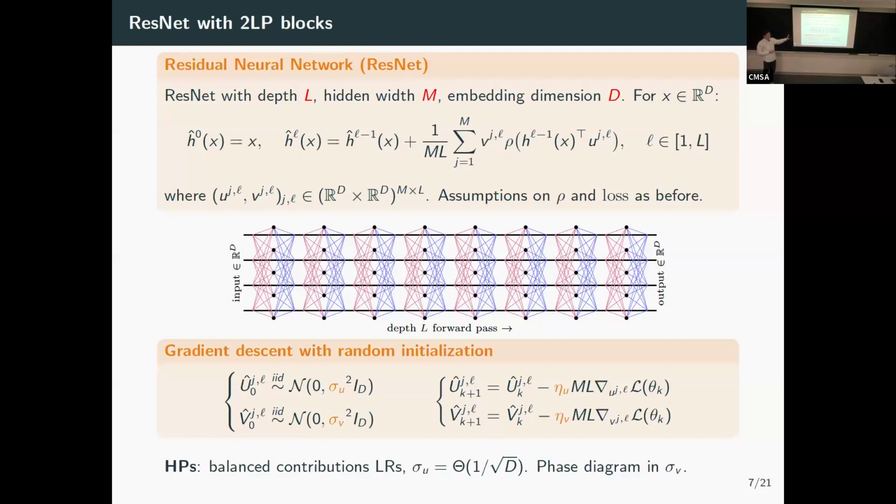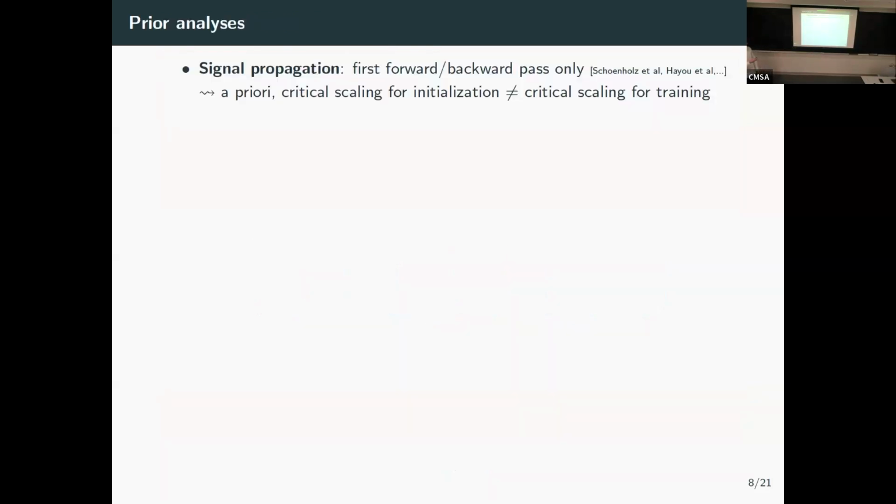Okay, so now, before going towards that, I will mention a bit the kind of analysis that have been done on ResNets. So I will be very brief. There's a lot of things, of course, and I cannot do justice to everything. But okay, we can classify the approaches somehow. The oldest is the signal propagation literature, which looks at the first forward pass through a ResNet, or the first backward pass when you study the neural tangent kernel.